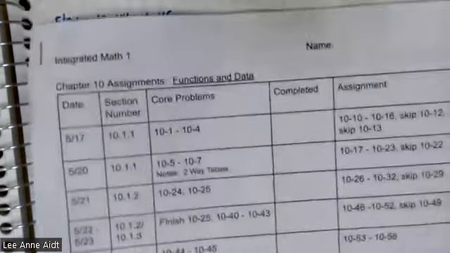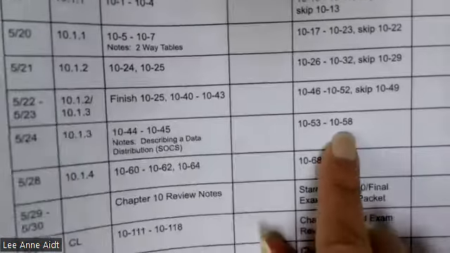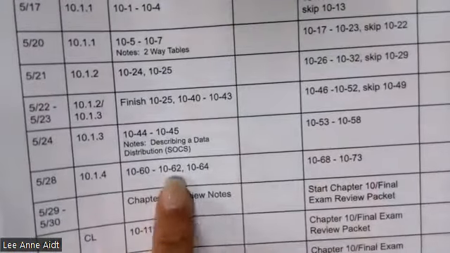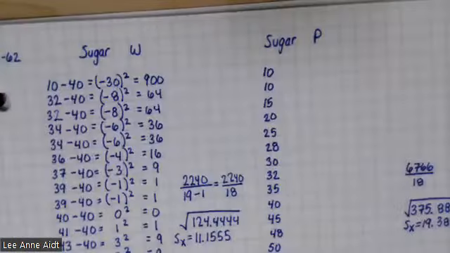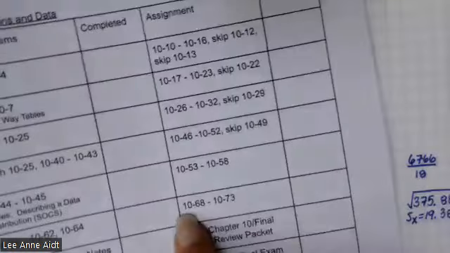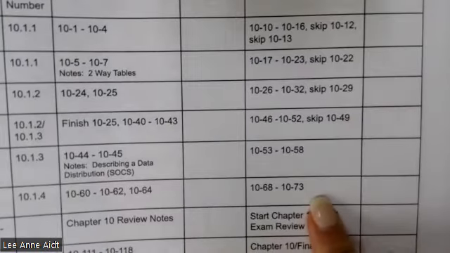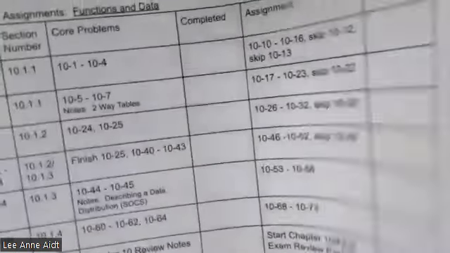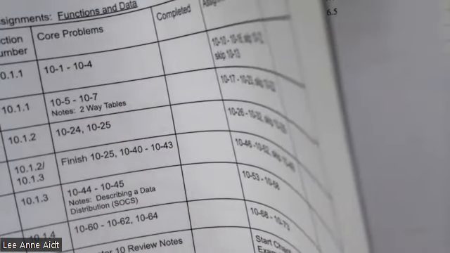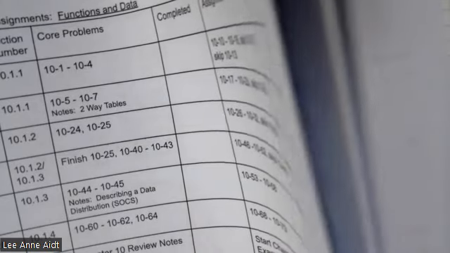You should also have the homework 53 to 58. You should also have 60 to 62 and 64, which is all of the standard deviation stuff that we did. And then you should also have the homework 68 to 73. Does that make sense? Okay, now I'm not stamping right now because I'm going to do the review notes and then I'd like to do all of that stamping at once.